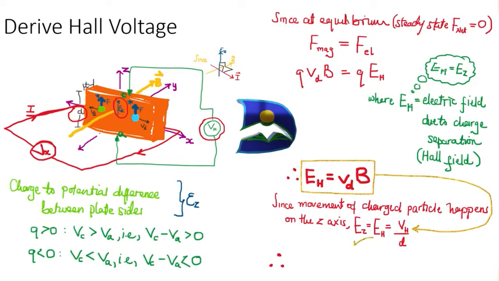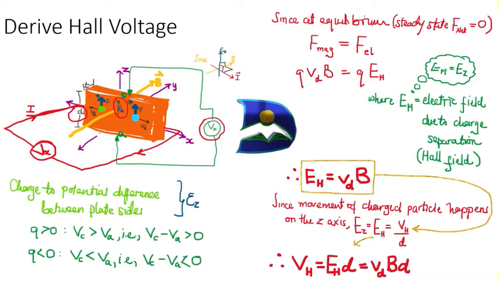And in this place here, we have the Hall's voltage to be equal to the electrical field times that of the width, and this is also equal to the drift velocity times the magnetic field times that of the width of the material.